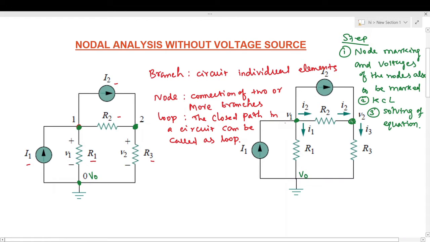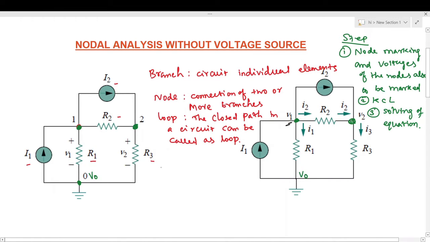Here we assume that the V1 potential is higher than the V2 potential, so we have marked the current direction like this. The current I3 will flow through R3, and the nodes involved are V2 and V0. V2 has the higher potential, so the current will flow from V2 to V0 and the direction is downwards.